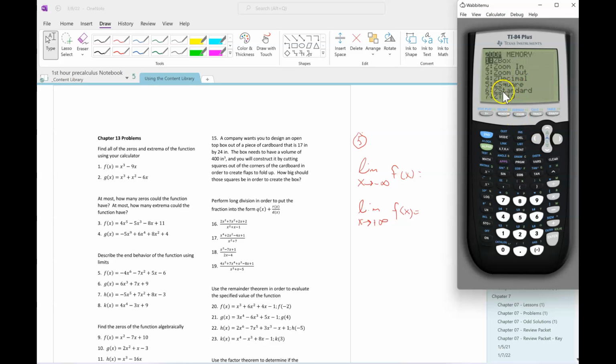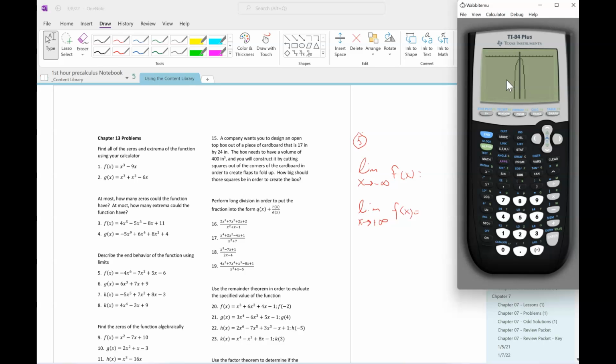I don't know what I did last time, so I'm just going to hit zoom standard because I don't know what my window looked like before. So here's my graph. I probably want to rearrange this a little bit to get a better picture, so maybe I'll make y min negative 100. That should be good enough for me.